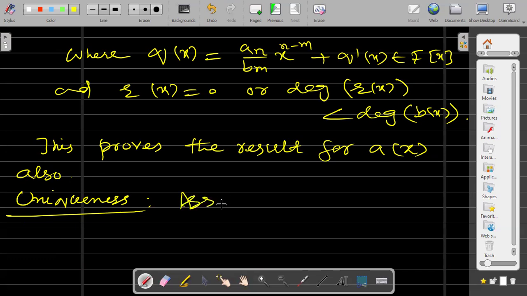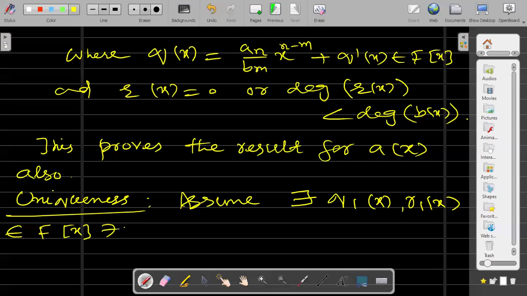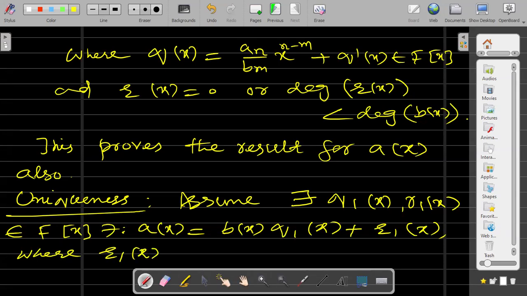So assume that there exists say q1(x) and r1(x) in F[x] such that a(x) is equal to b(x) times q1(x) plus r1(x). Well, what's this r1(x)? It's either 0 or degree of r1(x) is less than degree of b(x). So you have to prove that q1(x) is equal to q(x) and r1(x) is equal to r(x).